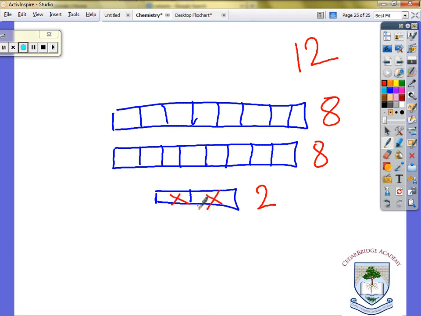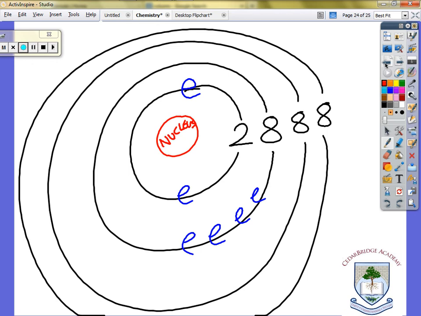You know how this goes. 2 would sit in the first row, 8 would sit in the second row, and that leaves 2 to sit wherever they want in the third row. That's how electron shells work. If there are 12 electrons in this atom, 2 go in the first shell, 8 go in the second shell, and then 2 go in the third shell.